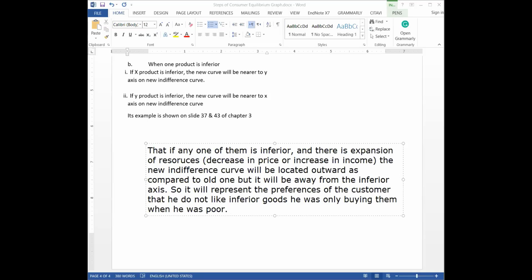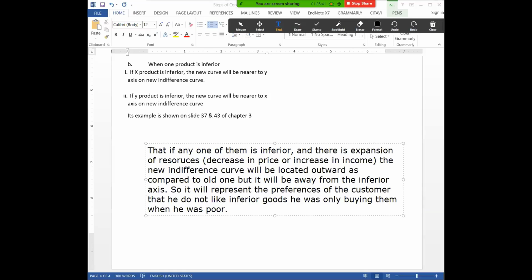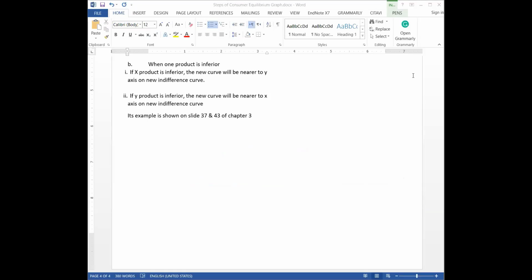Okay, so this is the logic behind going outward. Similarly, opposite is the logic when it is coming inward. Hope the concept is clear for you. Now what I will do is I will solve one question. Let me share it up, and hope you can draw the other examples.